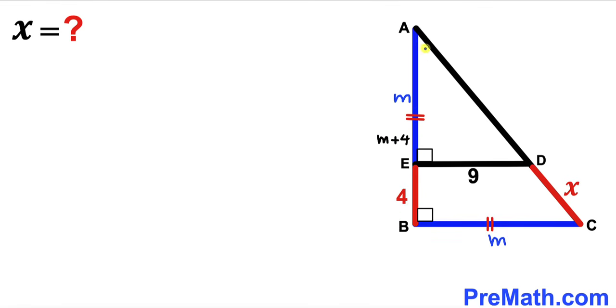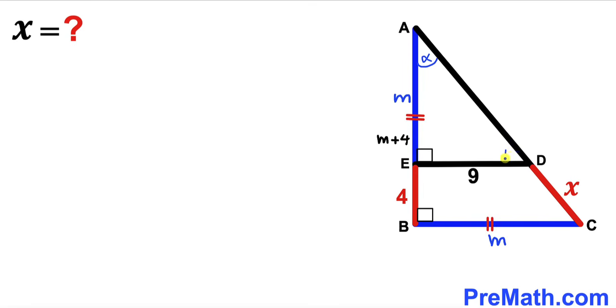Now let's make an observation. If I label this angle alpha, then it is common for both triangles, the smaller triangle AED and the big right triangle ABC. Furthermore, this angle and this angle are congruent as well, since they are corresponding angles.